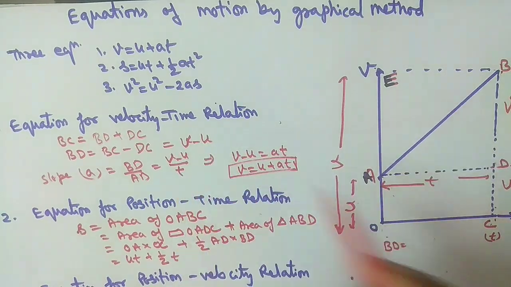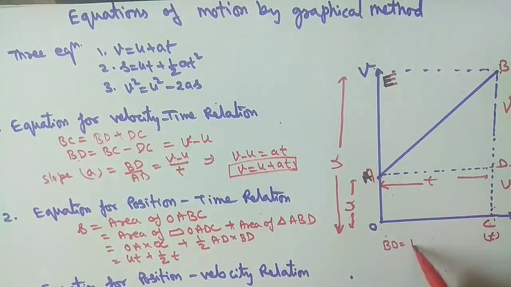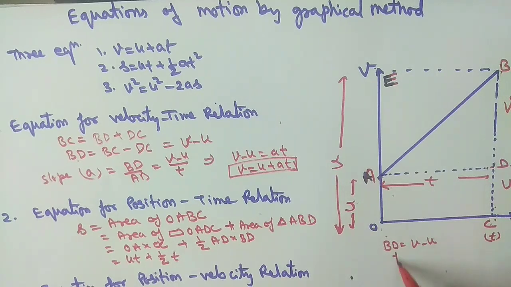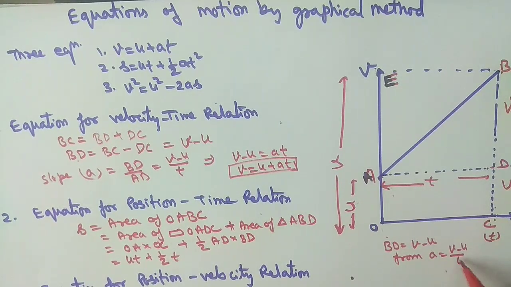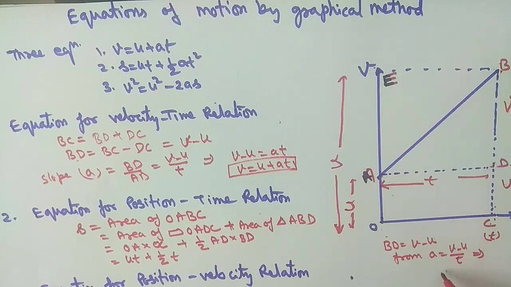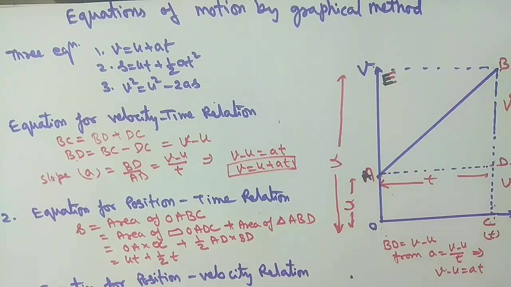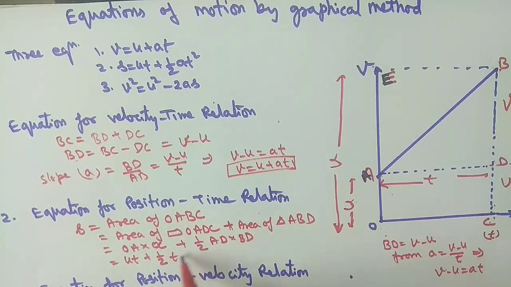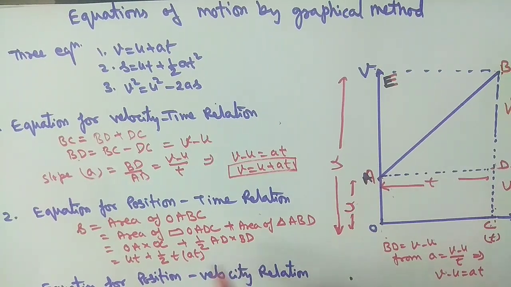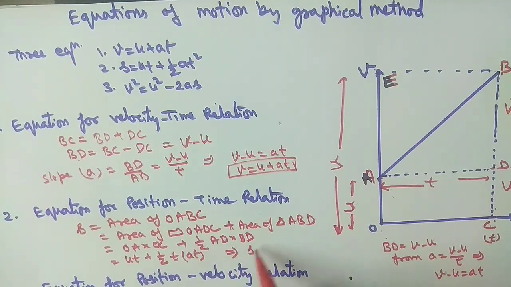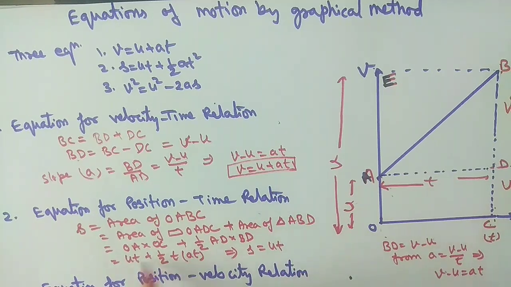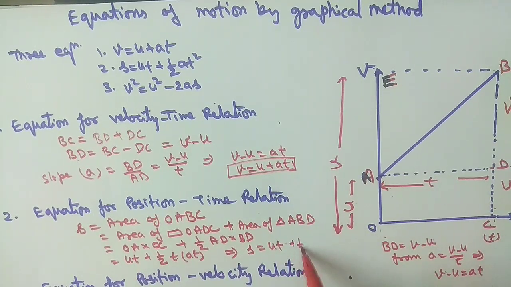As we found in the first case, BD is equal to V minus U. From a is equal to V minus U upon T, we can write V minus U is equal to at. Try to understand, V minus U is equal to at. So we get s is equal to ut plus half at square.